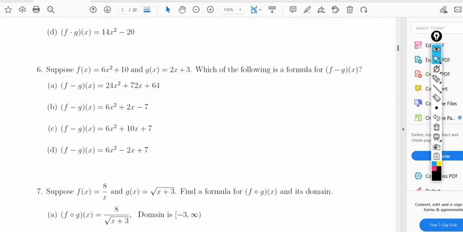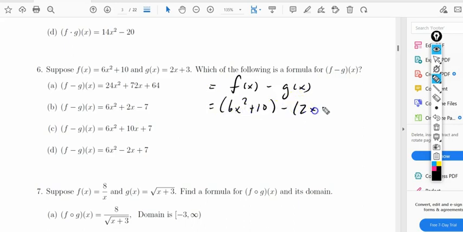Now, number 6, you have to be extremely careful, mainly because if you don't apply the negative sign to everything in g, your answer is going to be wrong. So f minus g evaluated at x is the formula for f minus the formula for g. Now, the parentheses don't matter in the first part, so you can drop them, but they certainly matter in the second part.